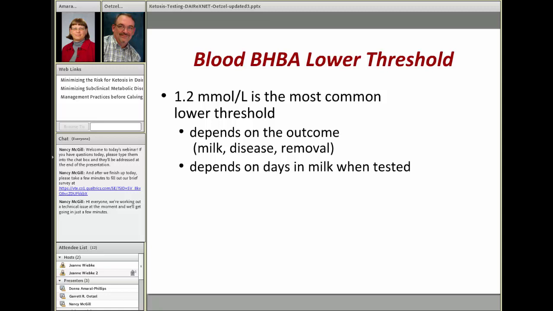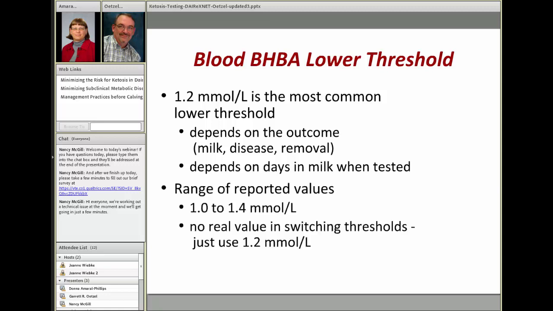As you look at different studies, you'll see slightly different thresholds. That depends on the outcome, the population of cows, when they did the testing, at what particular days in milk, and how they decided what was the bad outcome and when that bad outcome started based on the blood level. So yes, they're going to be different. In general, we're looking at about 1 to 1.4 as the range.